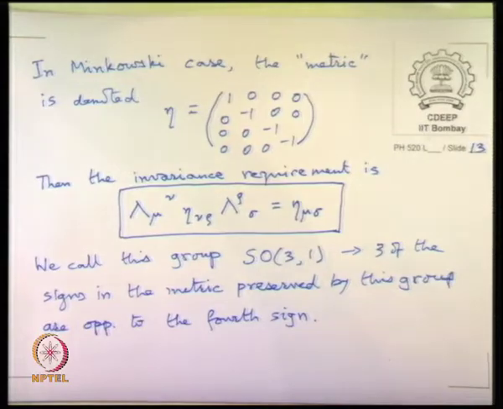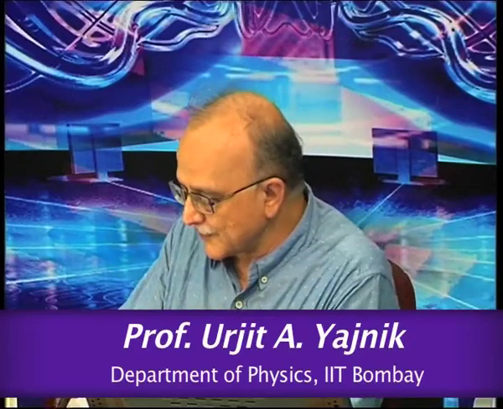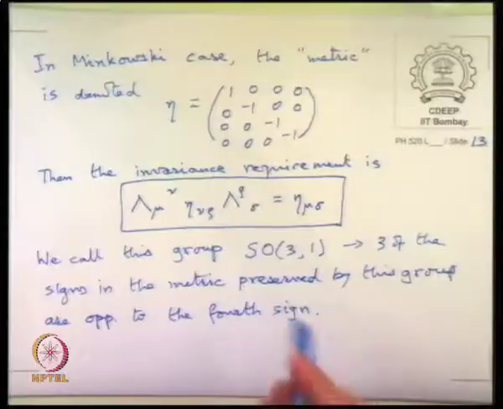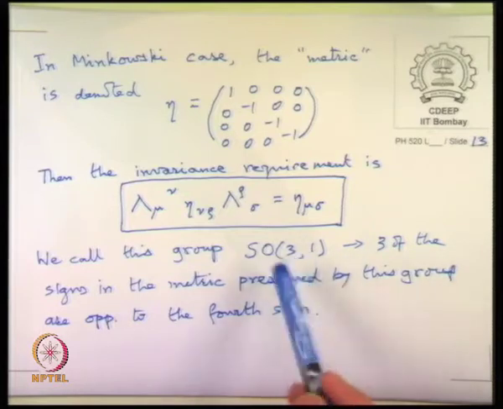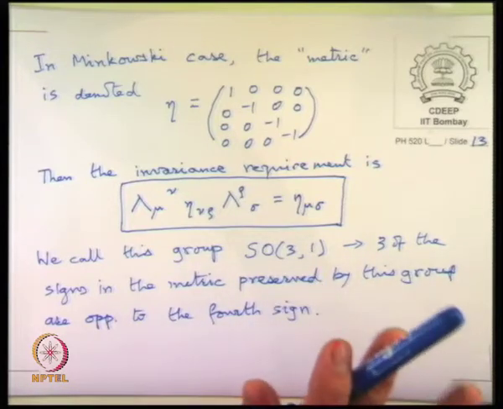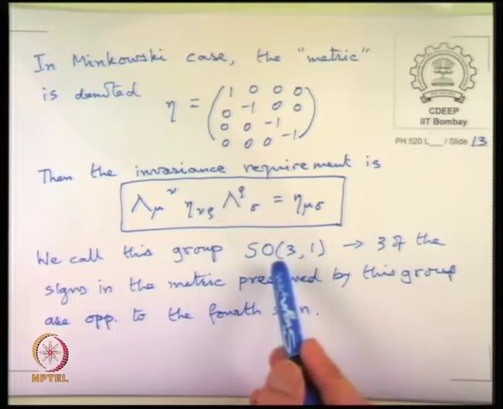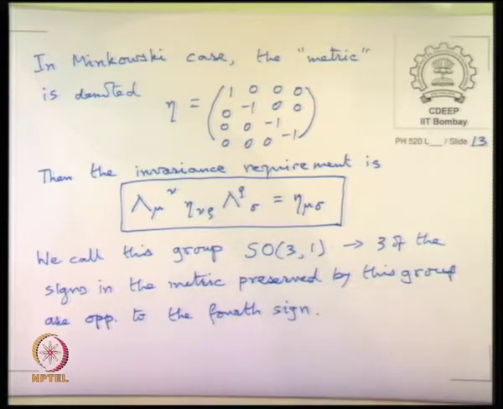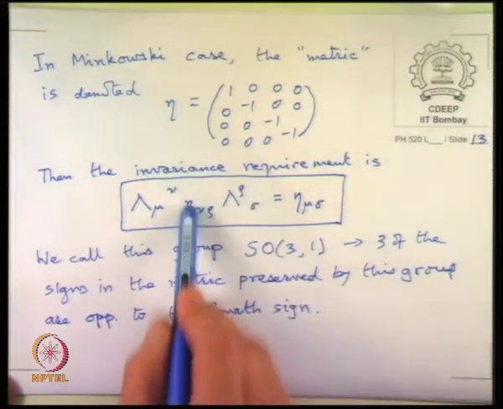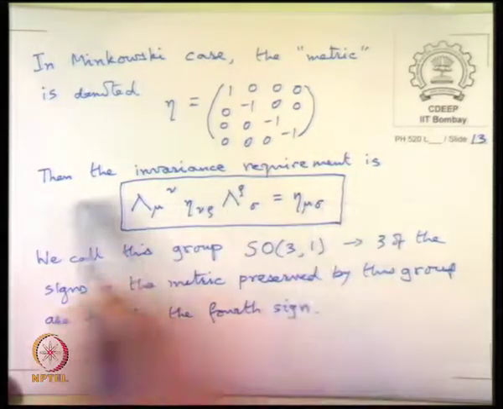There is an old theorem called Sylvester's theorem, which says that the number of signs of the eigenvalues remains the same under transformations. So regardless of what basis you choose, you will have 3 of the eigenvalues negative and 1 positive, or 3 positive and 1 negative, either way is fine, but they are opposite, that is all it says. So multiplying eta overall by one sign doesn't change this relation.